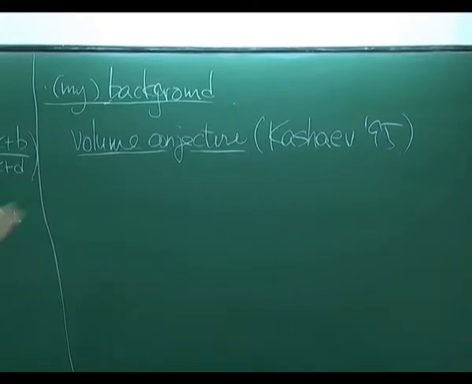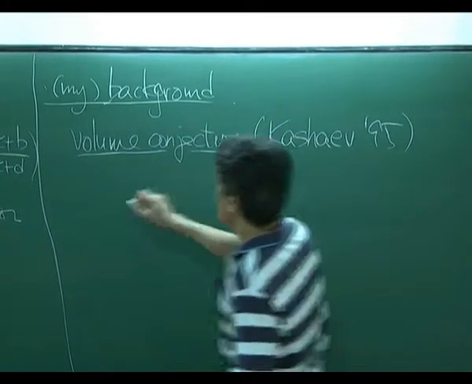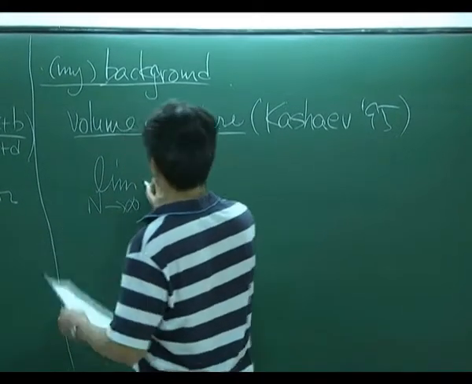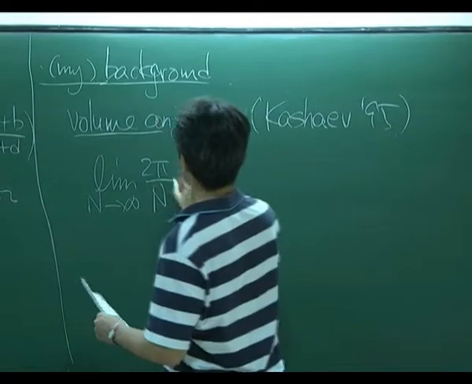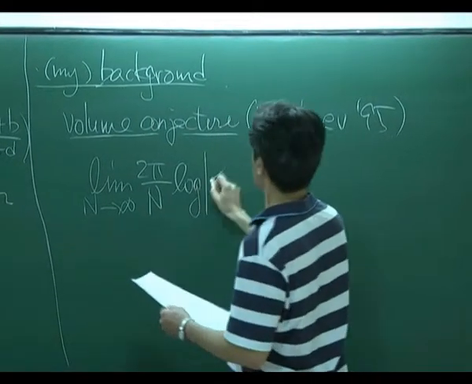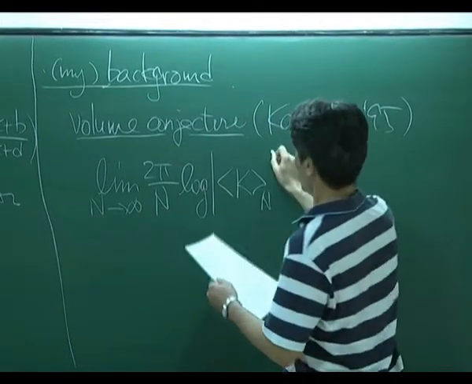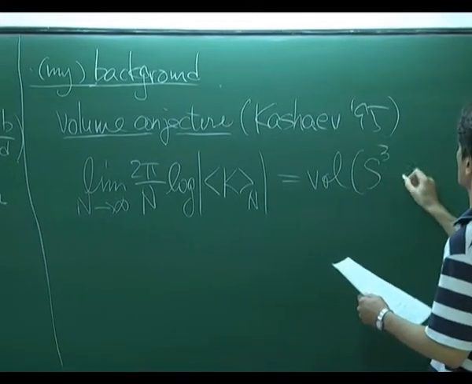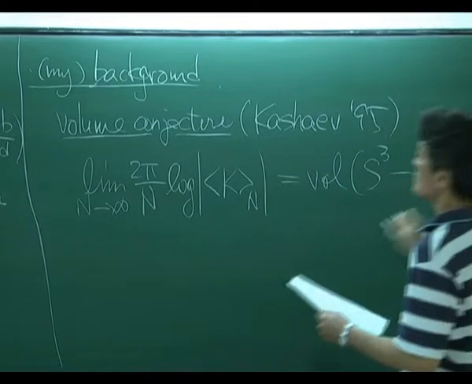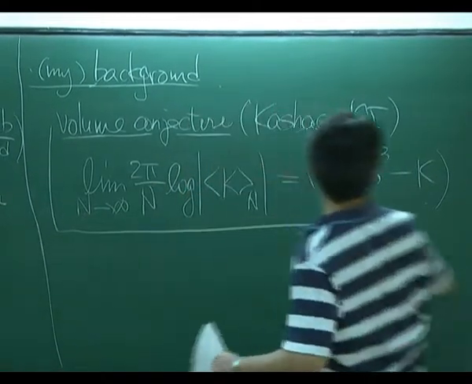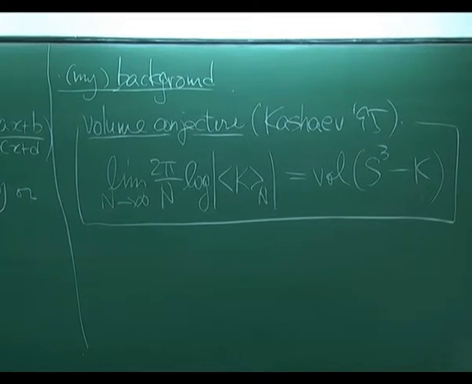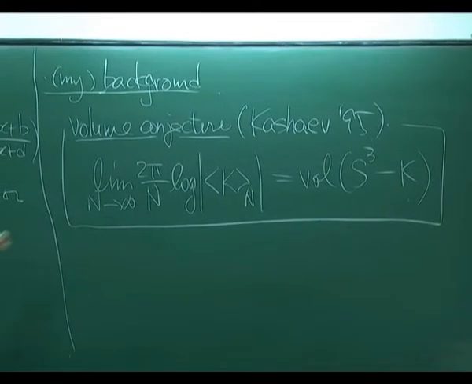So the claim is that, so this is the claim of the volume conjecture. I will now explain the notations.